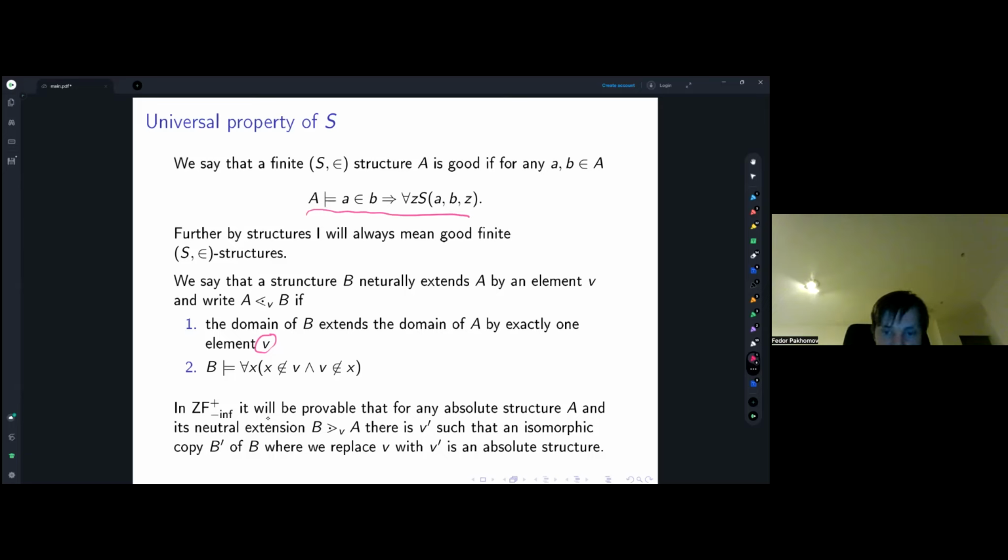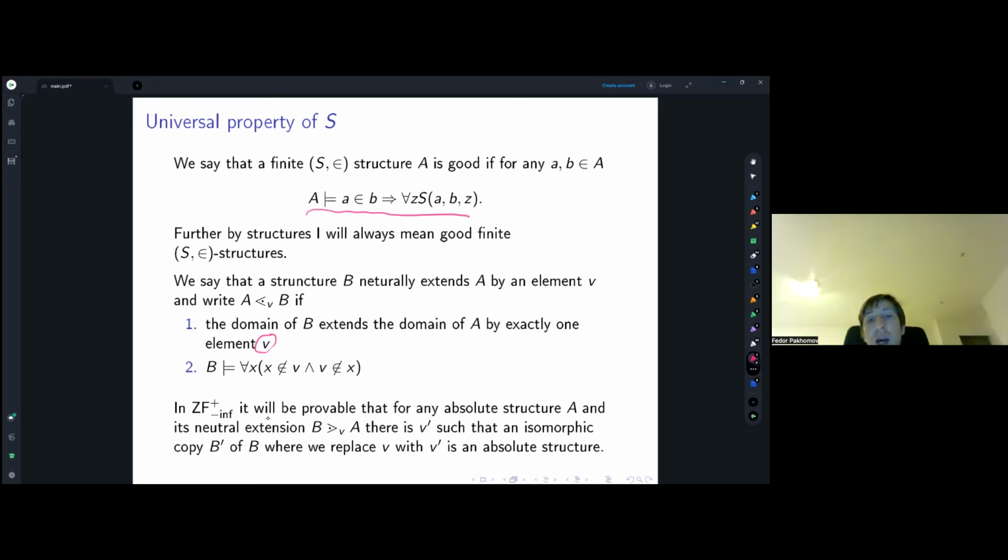The key property that I want from the predicate S is the following. For any absolute structure A, absolute means the following: we're assuming that we already defined this predicate S, and then we have this notion of absolute structure, which simply means that it's a finite fragment of the whole universe, where the interpretations of membership and S are the same as in the universe.